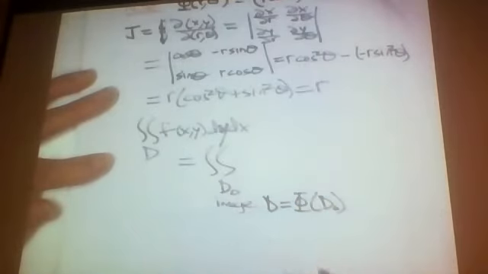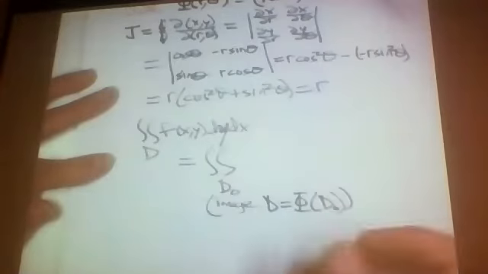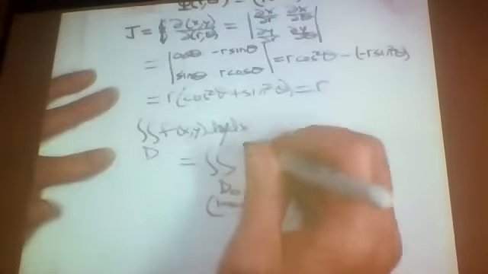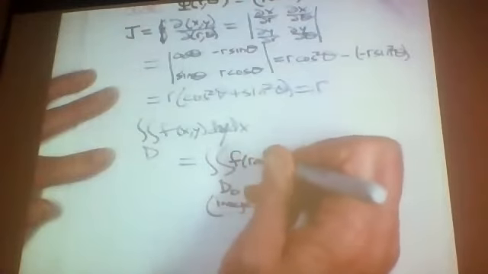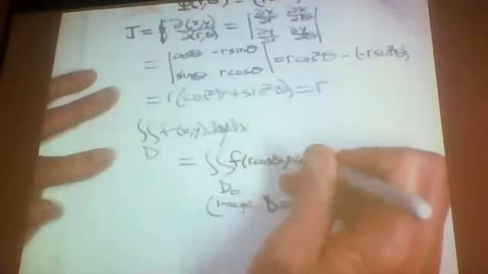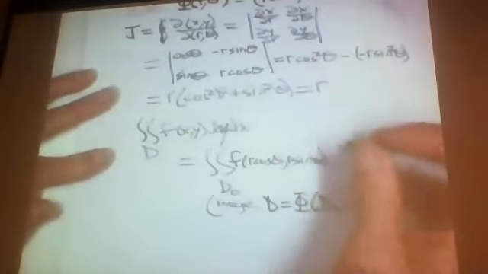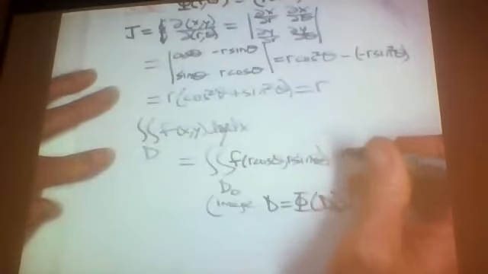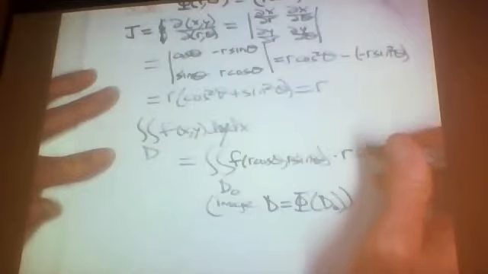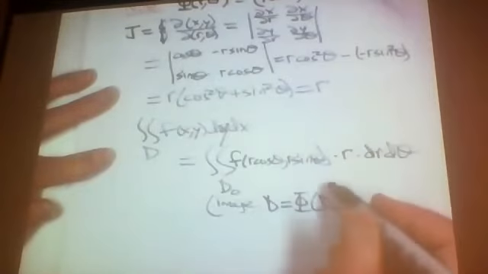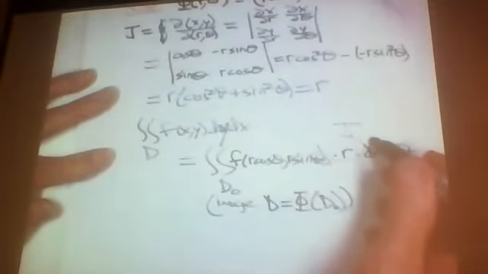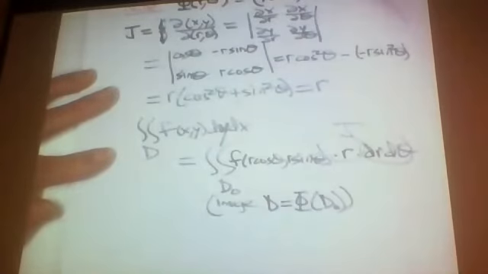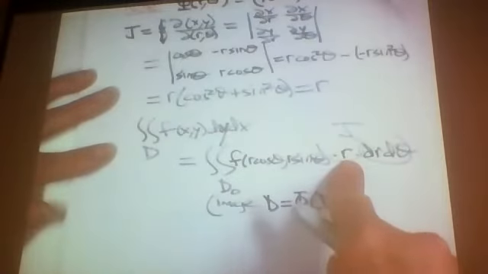In the uv case, this image is D, and the integral of f, we replace x with r cosine theta, y with r sine theta, and then we have to take the area multiplier, which is the Jacobian, r, times du dv, which is now dr d theta. This is the Jacobian, this is the du dv.